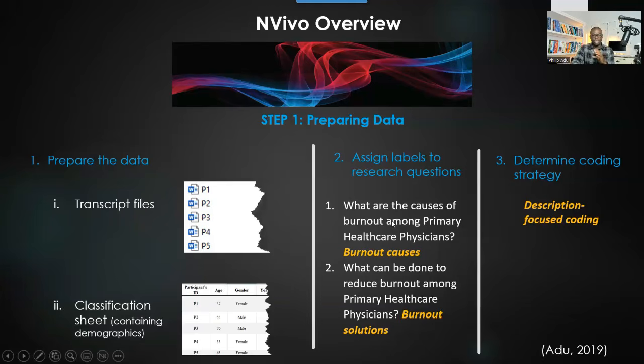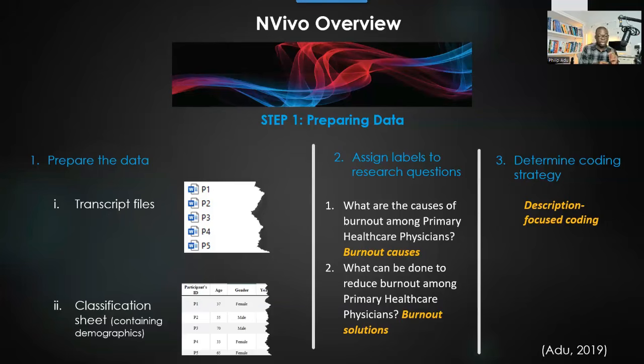You have to also think about assigning labels to your research question. Imagine you have 2 research questions. The first one is, what are the causes of burnout among primary healthcare physicians? You see that I've labeled my first research question as burnout causes. So this label is just to remind you that it's for research question 1, right? The research question 2 is, what can be done to reduce burnout among primary healthcare physicians?